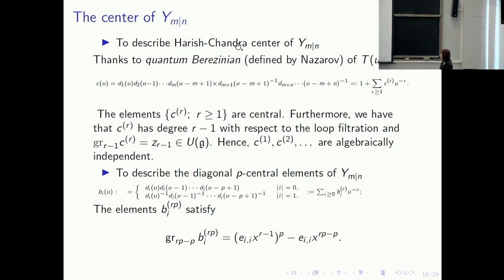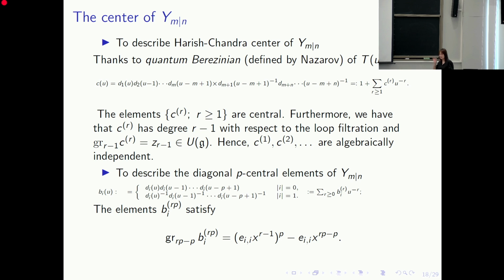Second, in order to describe the diagonal p-center elements of the modular super-Yangian, diagonal means i equals j. Then we define the formal power series B_i mu, and its coefficients are denoted by B_{i,r}.